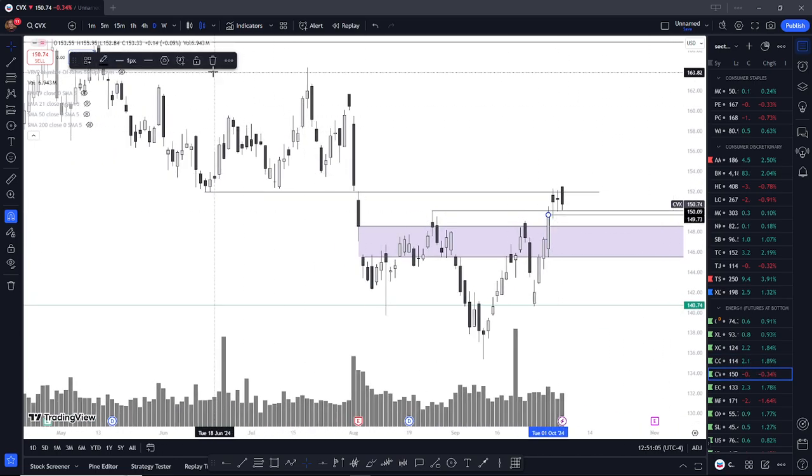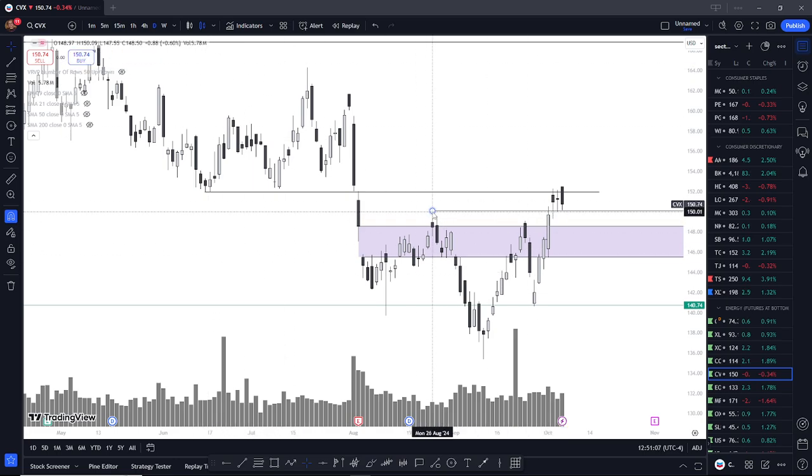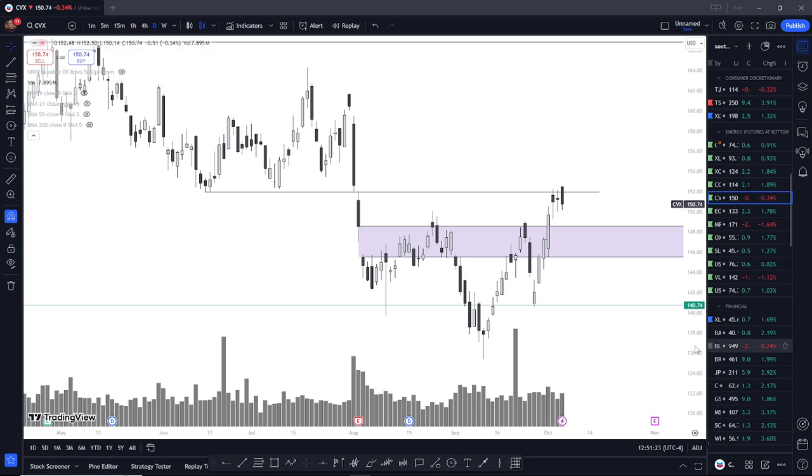Probably going to re-enter on CVX. If I could get a pullback into like 149, 150, well, we're sitting almost at 150, but I need a pullback on this one, and I'll retrade it. Yeah, that's true. There have been war headlines.